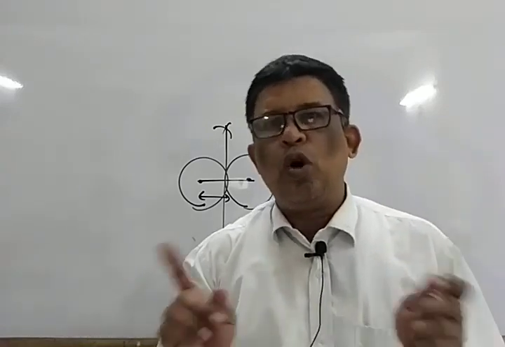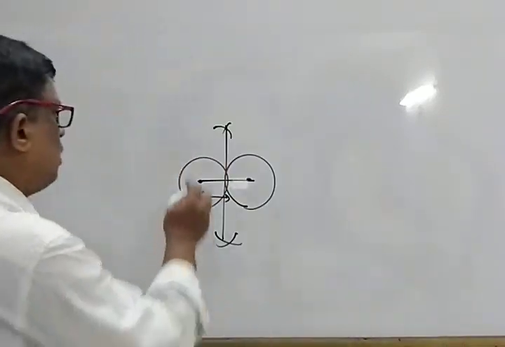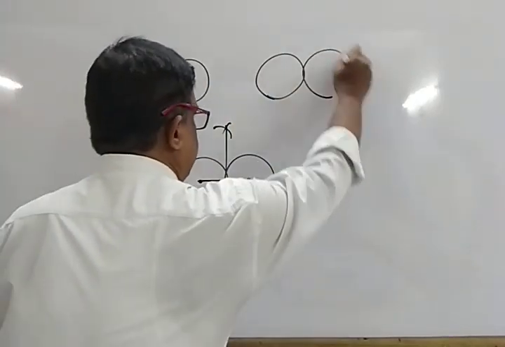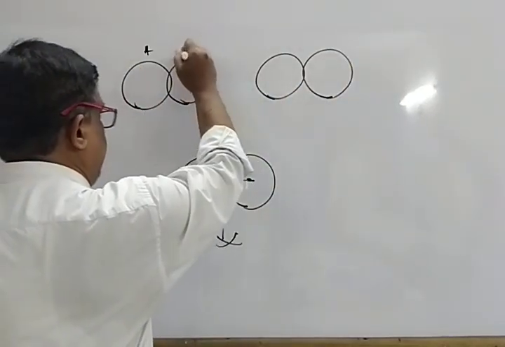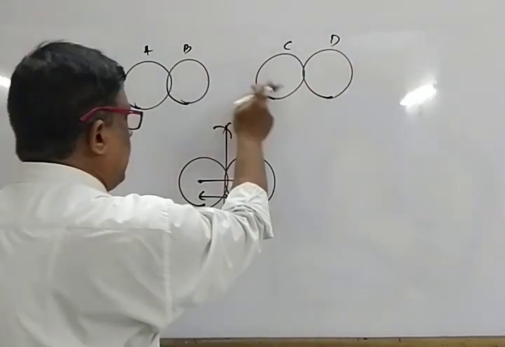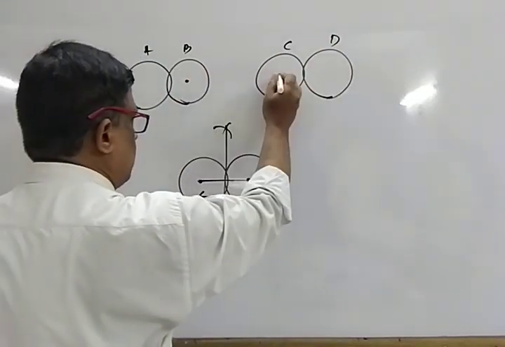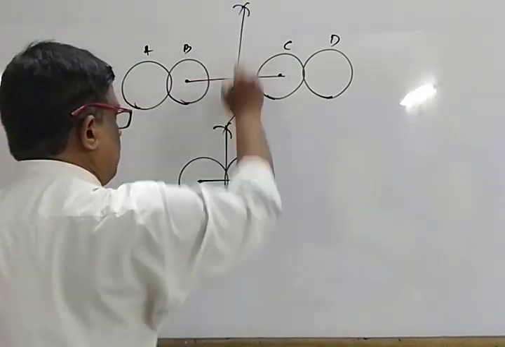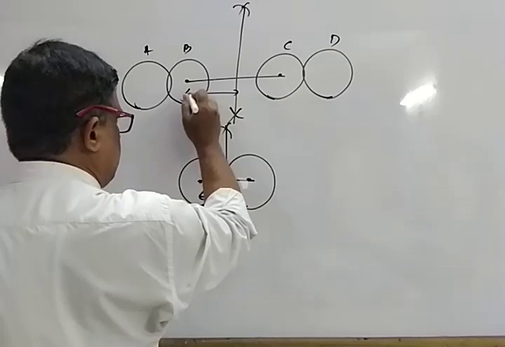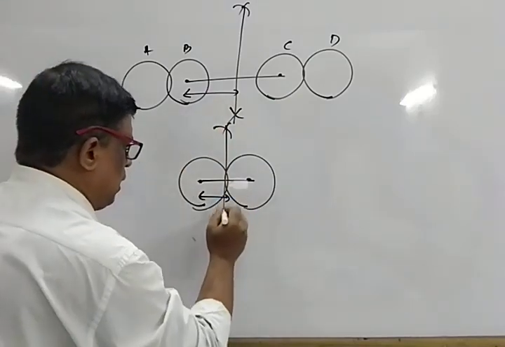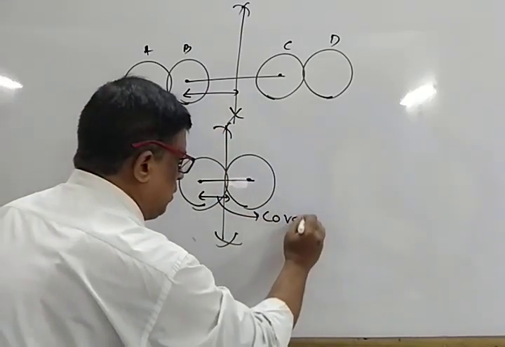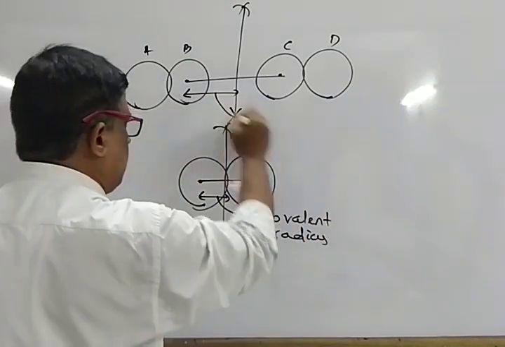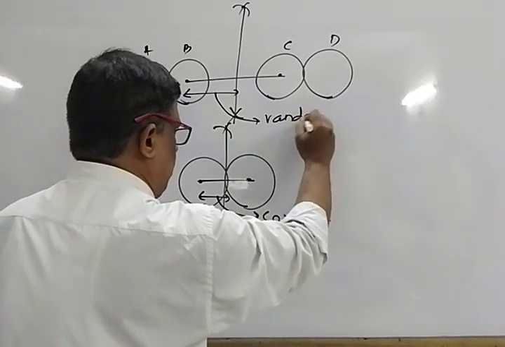That means two covalently bonded molecules are there, mark that, and they are A, B, C and D. B and C are at closest approach, join the centers of B and C and take the half. This is known as van der Waals radius.